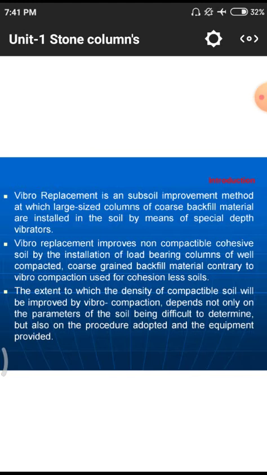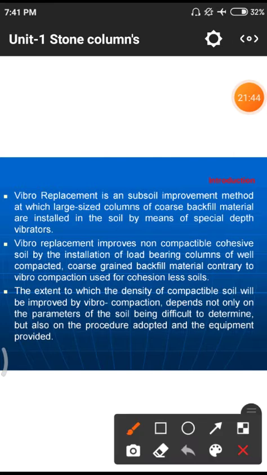Vibro replacement is a subsoil improvement method in which large columns of coarse backfill material are installed in the soil by means of a special depth vibrator. When we have one column with a larger depth, that large depth column is replaced by constructing smaller depth columns, two or three in number. I will show this with a diagrammatic representation.